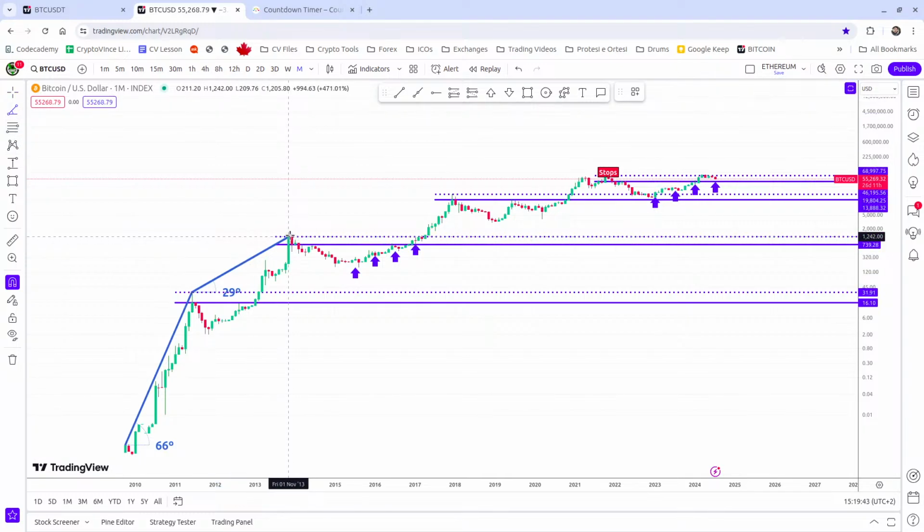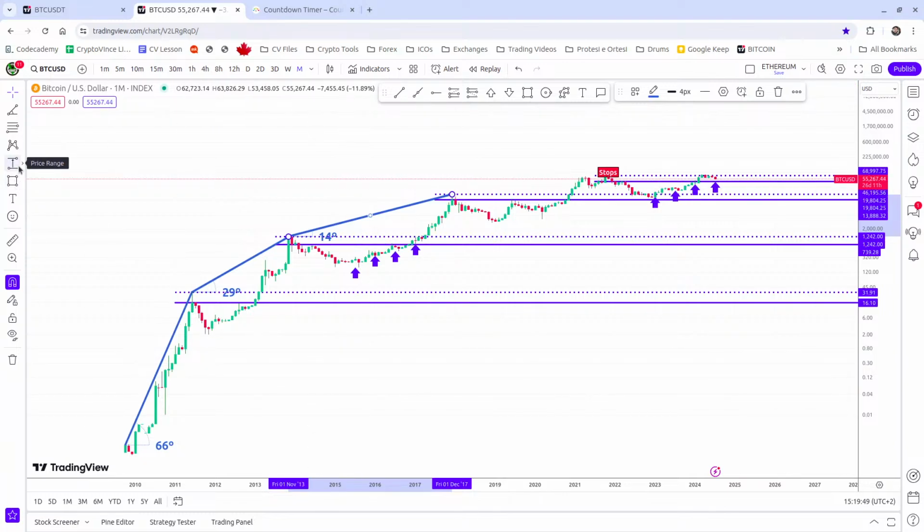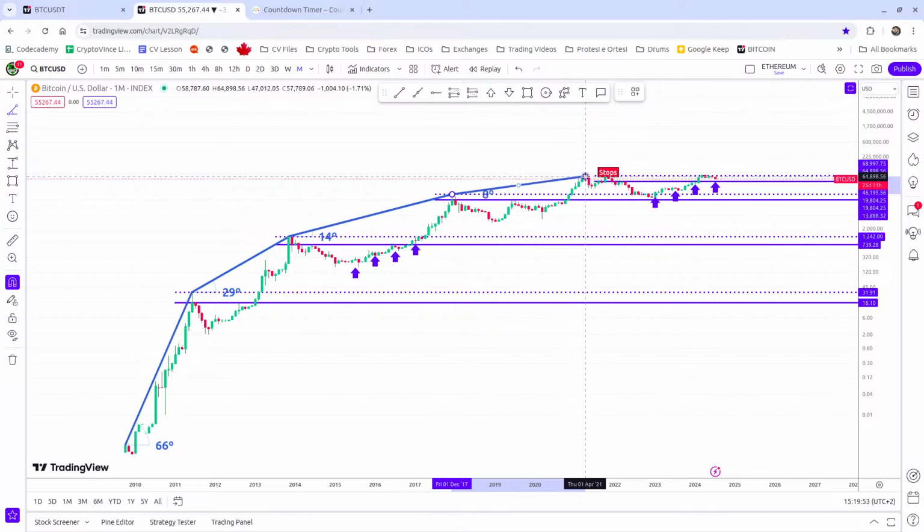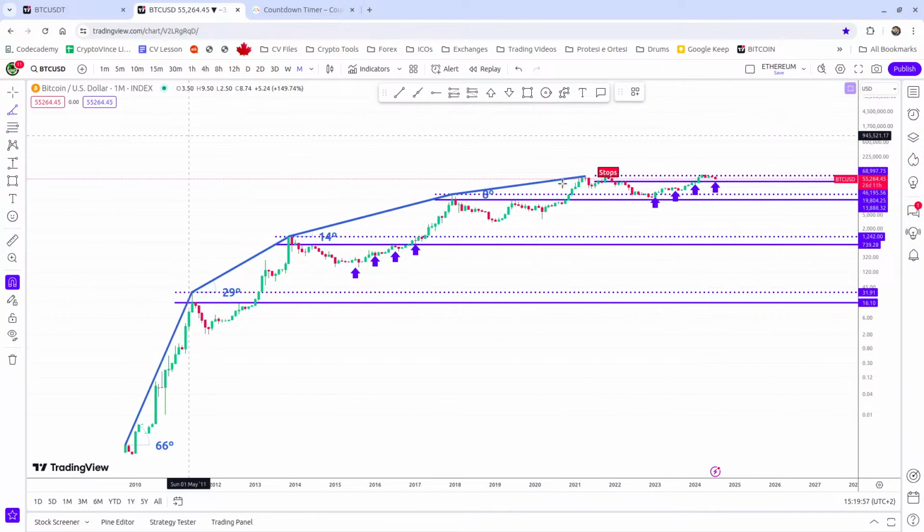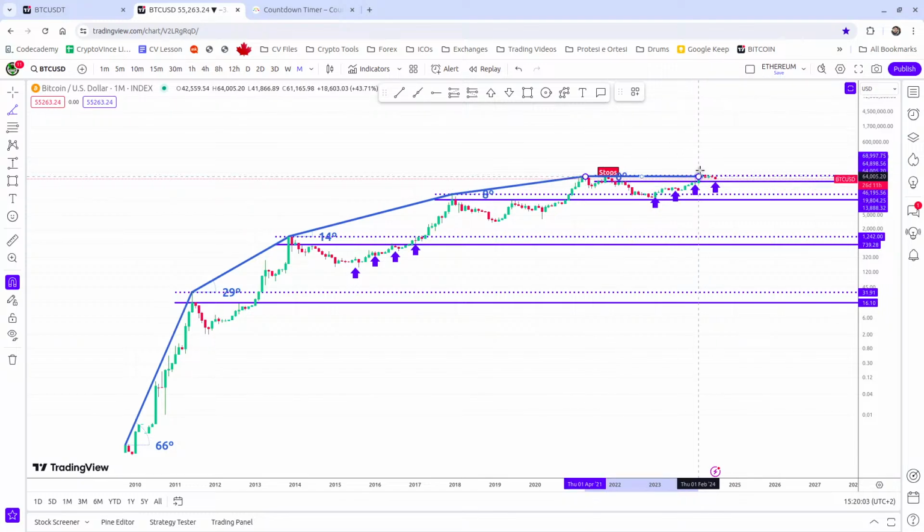If I trace from here to this, we have a 14 degree angle. If I trace from here to here, it's an 8 degree angle, and we are almost flat here, 1 degree.